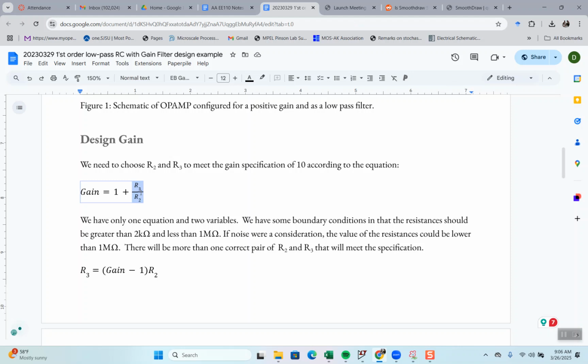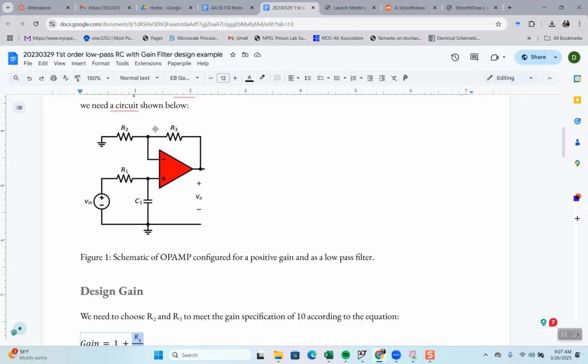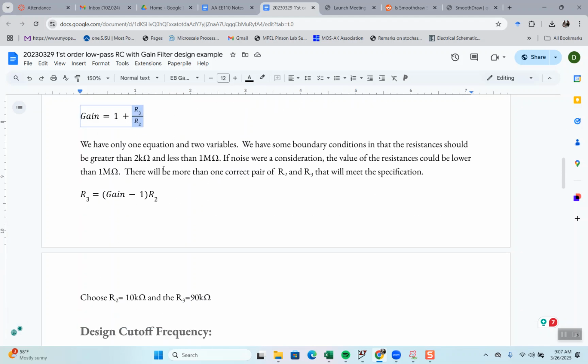So, what's a person to do? You just solve for one or the other. You have what I sometimes call the feedback and the input, even though the input is ground, that can help keep track. In this case, I'm saying, well, R3.